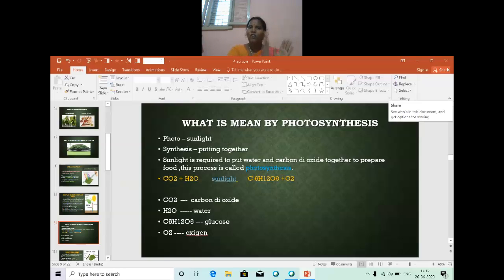Suppose she has all the ingredients, rice, oil, everything. But without a vessel, can she prepare anything? No. So she needs a vessel. All the ingredients are put into the vessel. Is the vessel and ingredients enough to prepare the food? No, it is not enough.